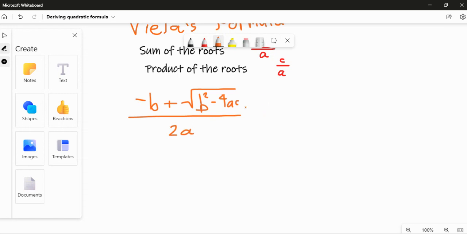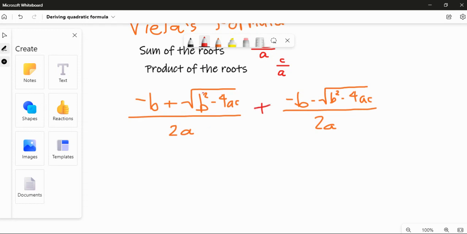And then our other root is negative b minus, since there's a plus and minus, the square root of b squared minus 4ac, all over 2a. Now, for the sum of the roots, we're just basically going to add these together.